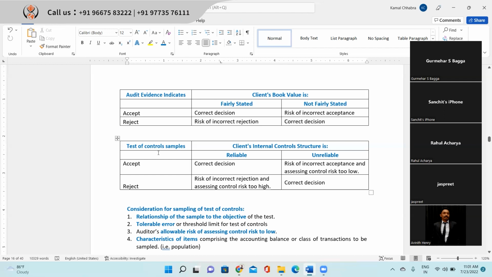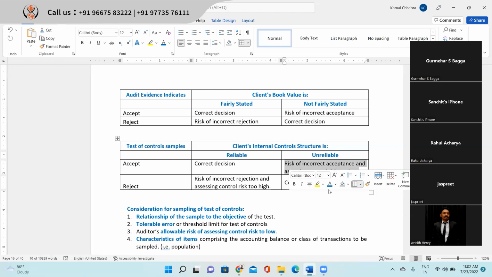So in test of control, if you are accepting the control, that means if you are relying on the control, the 25 sample you have selected is all right, and the client record is also right, then your decision is correct. But if the client records are not right, then there is a risk of incorrect acceptance and assessing the control risk too low.